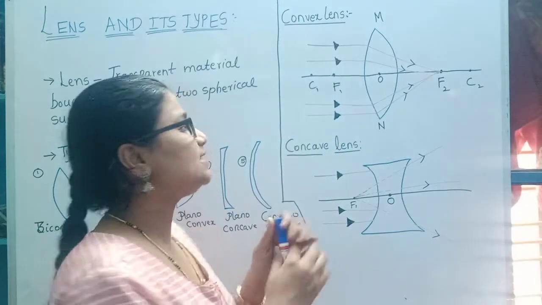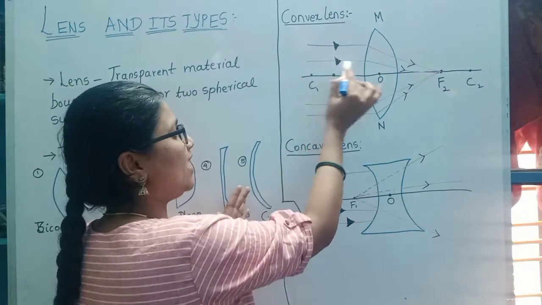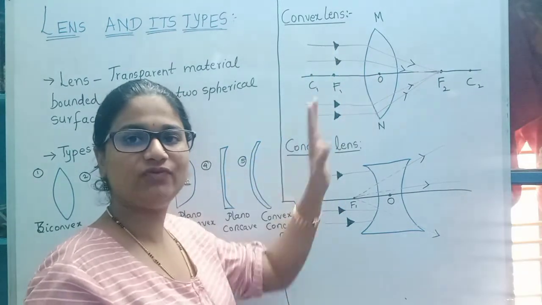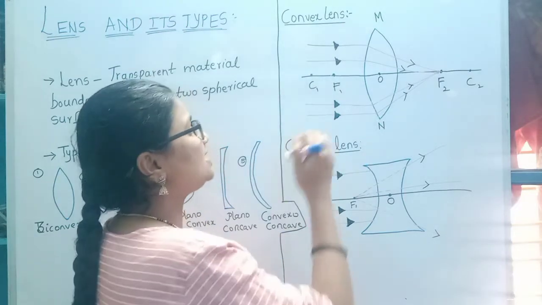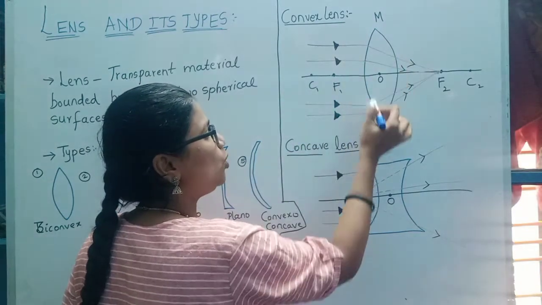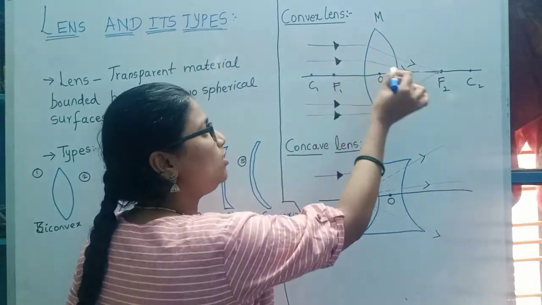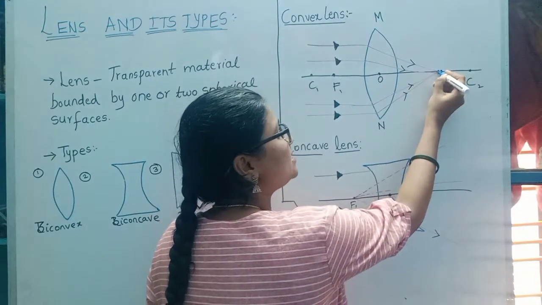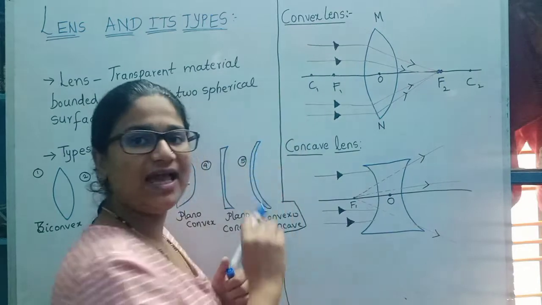So let us consider a parallel beam of light, parallel rays of light incident on the convex lens. When these are incident, they will undergo refraction, and all these rays will meet at a certain point on the principal axis.